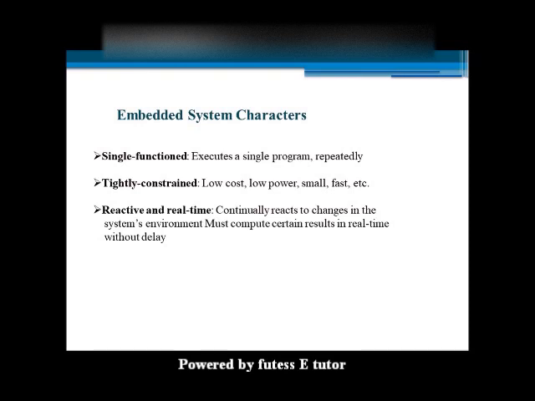All computing systems are constrained in their design metrics, but embedded systems have tightly constrained design metrics. Reactive and real-time: an embedded system must continuously react to the changing system environment and must compute results without delay.